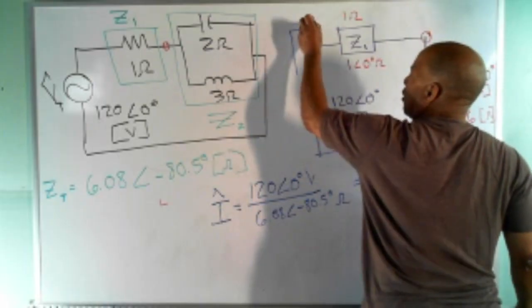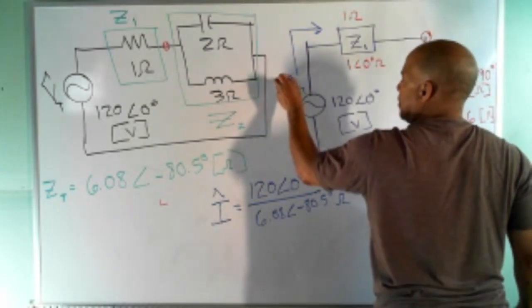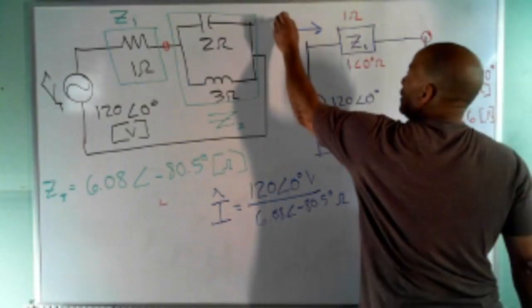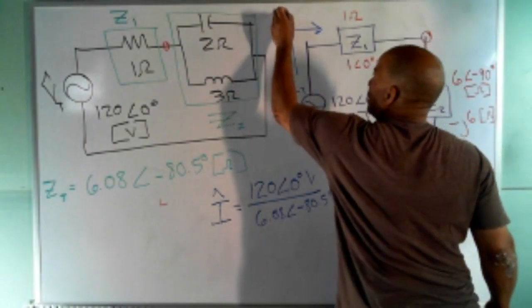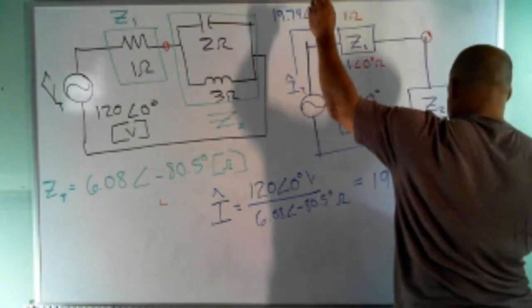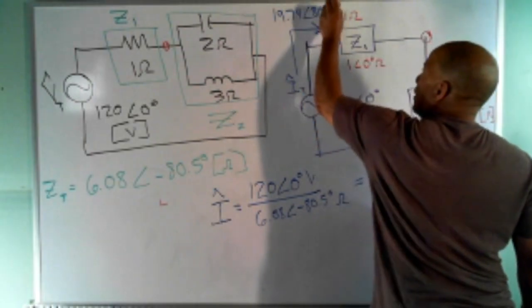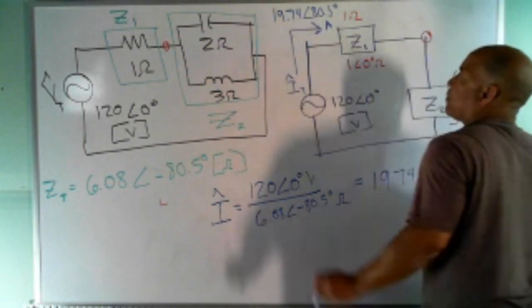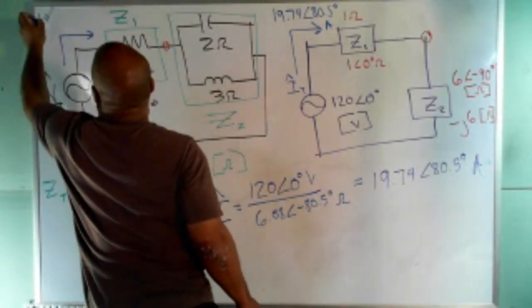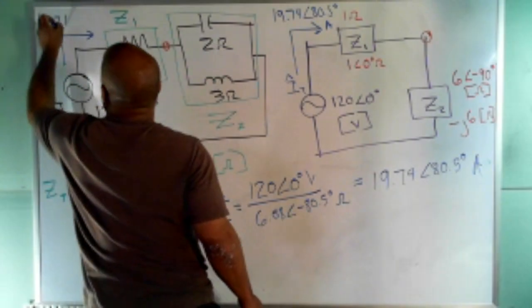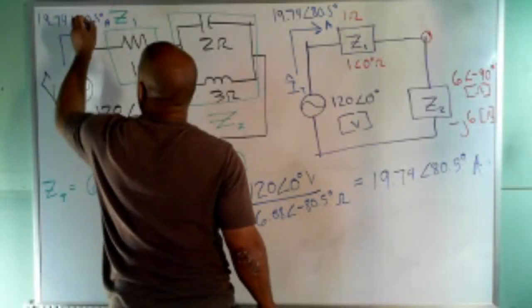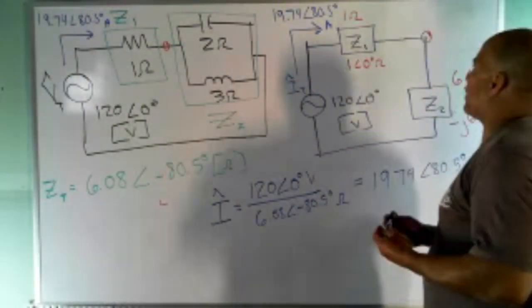So my total current is 19.74 angle 80.5 degrees. Over here, I'll do the same thing. My total current was 19.74 angle 80.5 degrees. So I show my current.